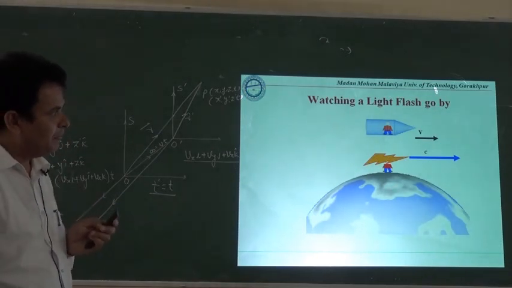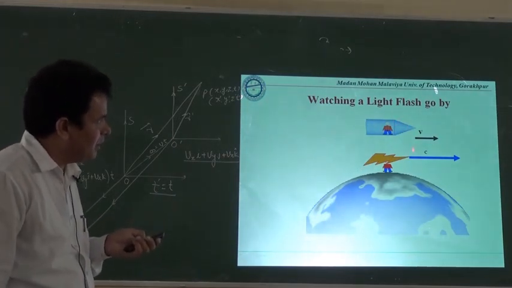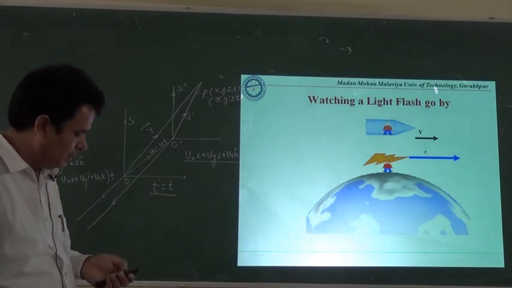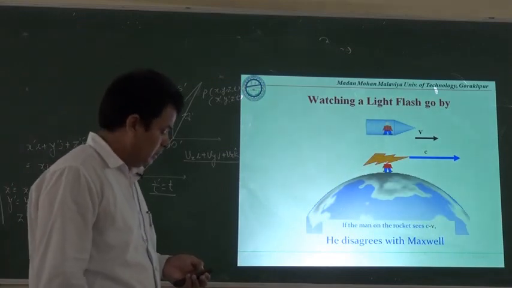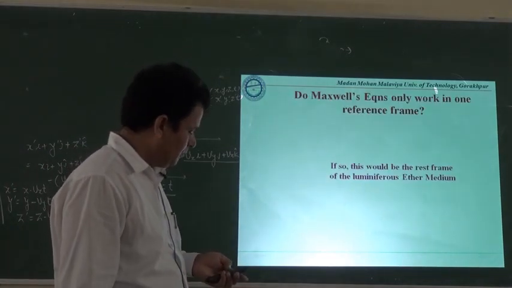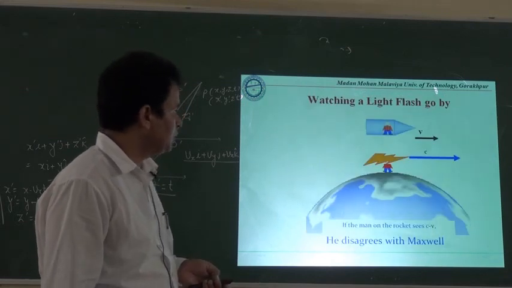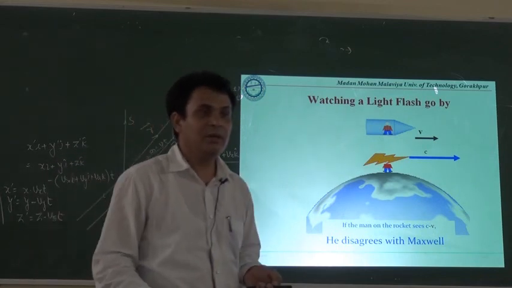Now the question is, what will be the relative velocity between V and C? If that is measured, the relative velocity between the Earth and the ether is observed as C minus V.